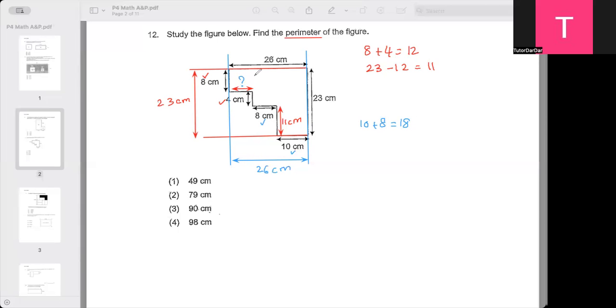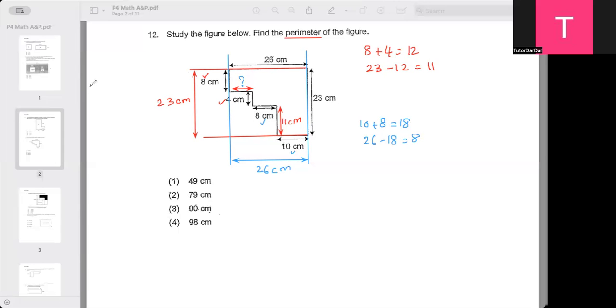So if you want to find this length, it is going to be 26 minus 18, and you will get 8.